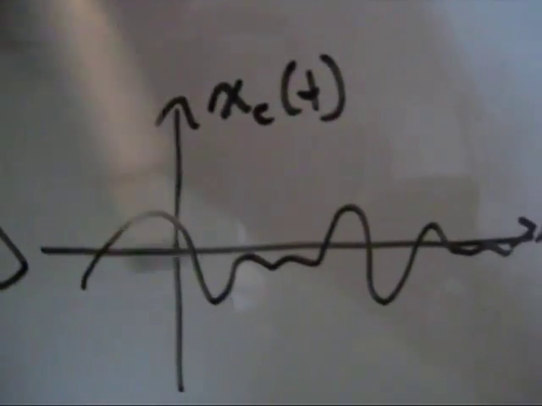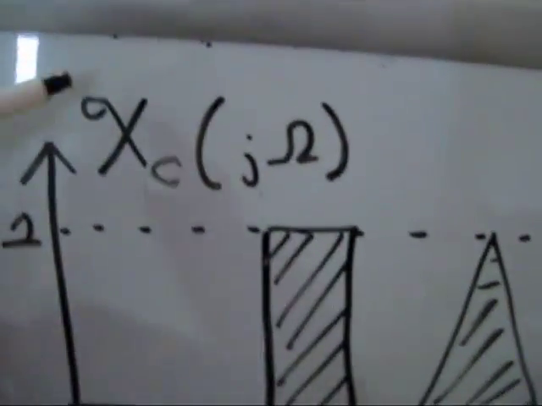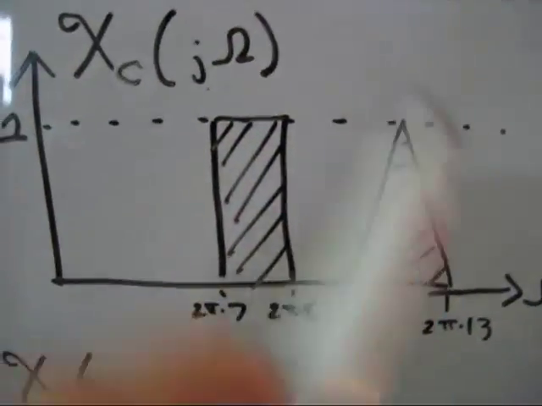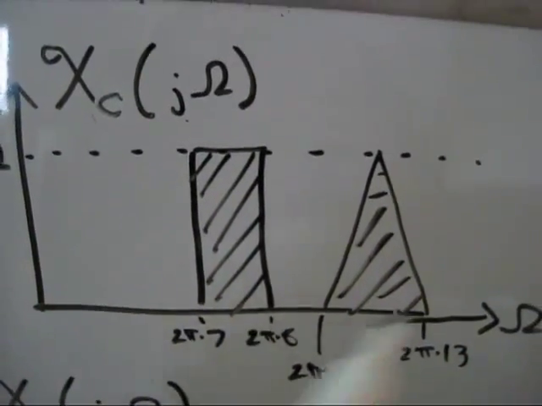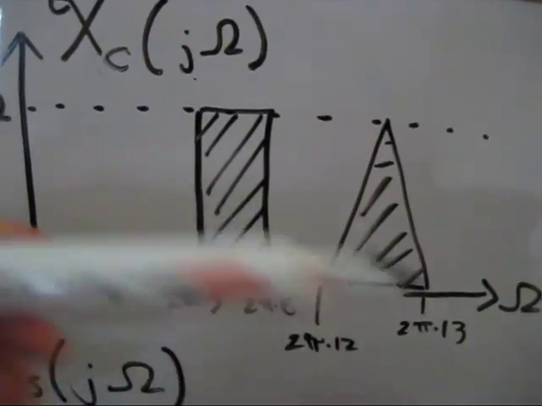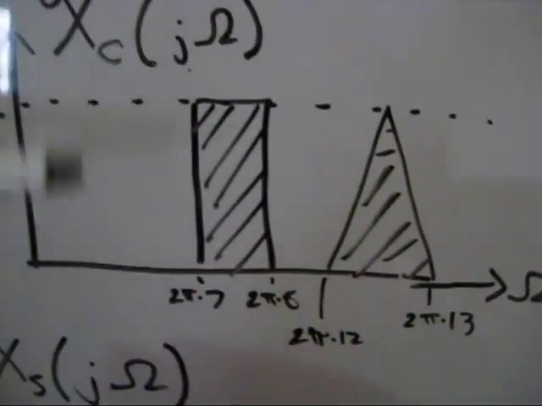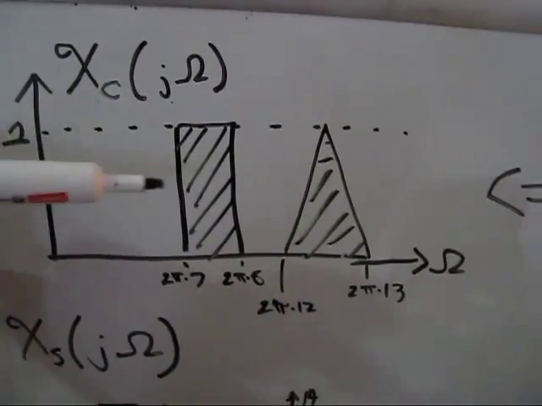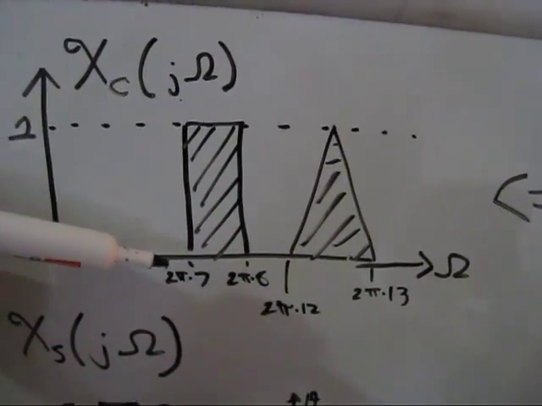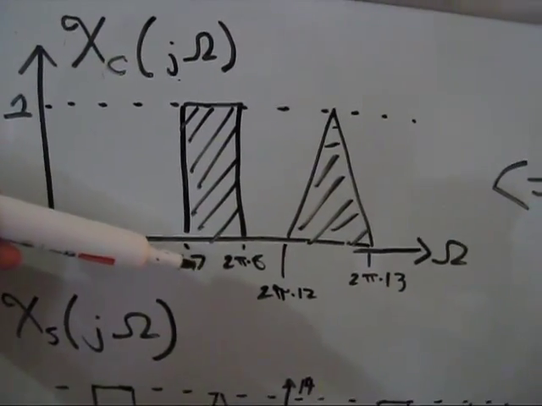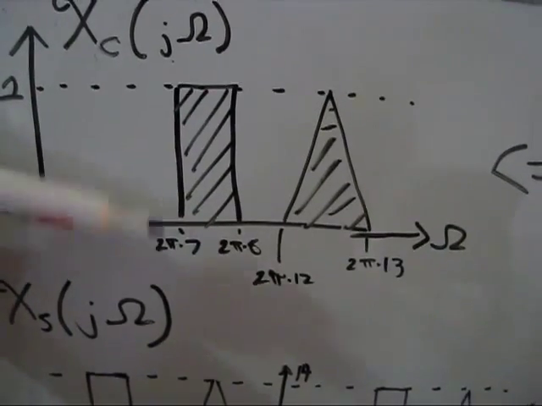Alright, sorry. So this is going to be our continuous signal, and capital X is going to be for the spectrum. If we look here, let's say that this is our actual signal in question, not sampled yet, still in the real world, in some sort of circuit or something. Let's say that the minimum frequency we're dealing with is 2 pi times 7 radians per second, or 7 hertz.